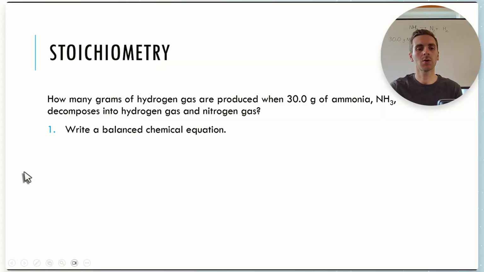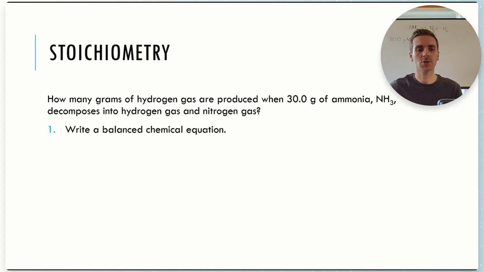And then we can start our dimensional analysis mole conversions. Remember, to apply the coefficients and convert from one substance to the other, we need to be in moles. We need to do moles of one to moles of the other.